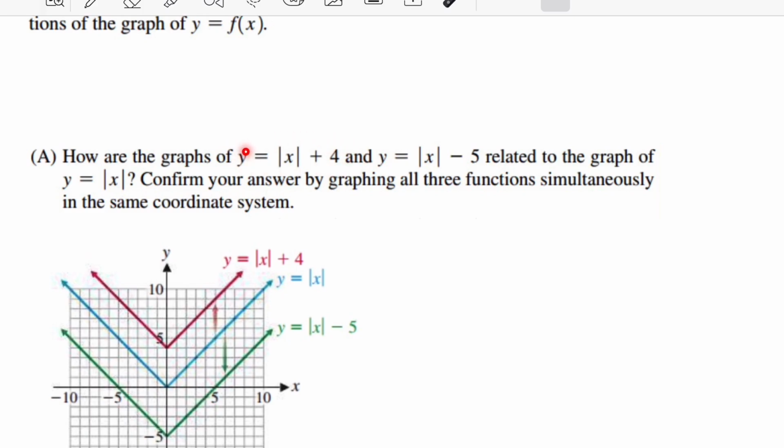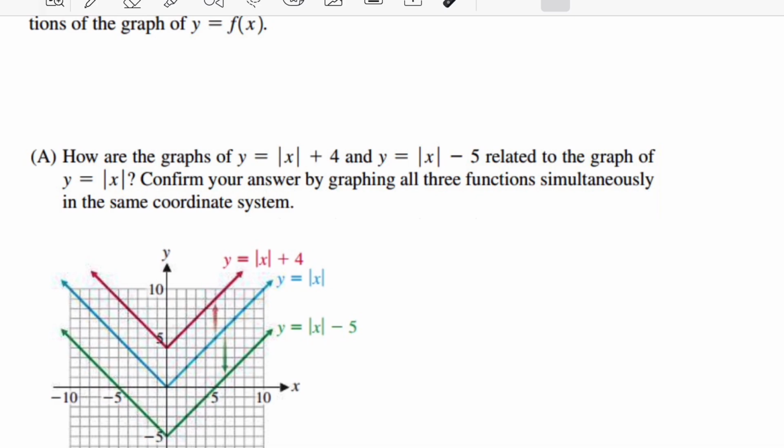And then I would graph the absolute value of x plus 4. And we can do this just by doing our order of operations. Let's say we start with x is equal to 0, then our result is y is equal to 4. So if we have 0 here, our output y is equal to 4. And if we do that for each point in this region, we get this graph here for the absolute value of x plus 4. And doing the same thing for this here, just plug in some values.